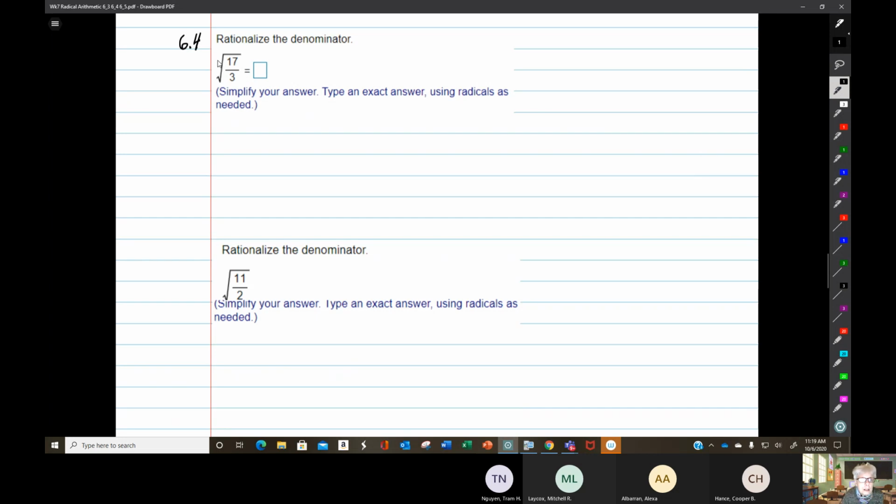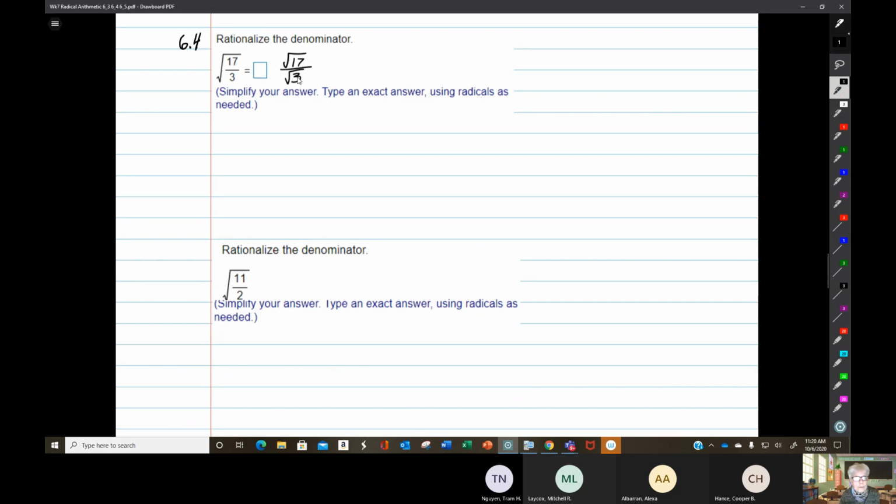This is wrong, not because there's something wrong with the answer, but because it's written the wrong way. This is the square root of 17 over the square root of 3. And technically, you're not allowed to have any kind of root sign.